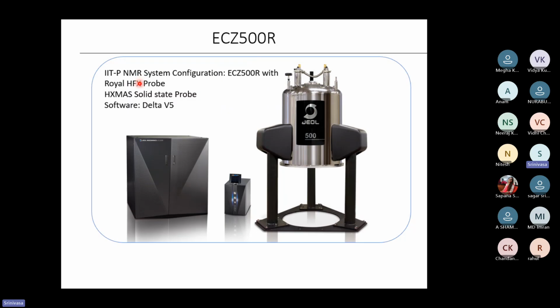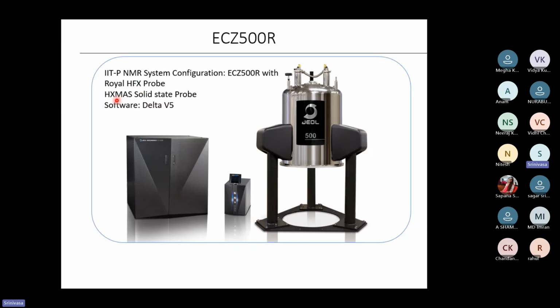You can do X nuclei, like carbon, with simultaneous fluorine and proton decoupling. Or any X, like phosphorus, silicon, selenium, boron, aluminium, with the decoupling of fluorine and protons possible simultaneously with this probe. And of course, the routine 2D experiments are also possible on this system.